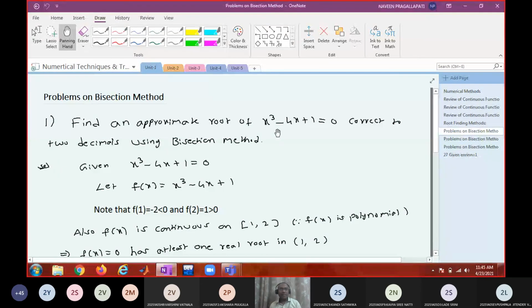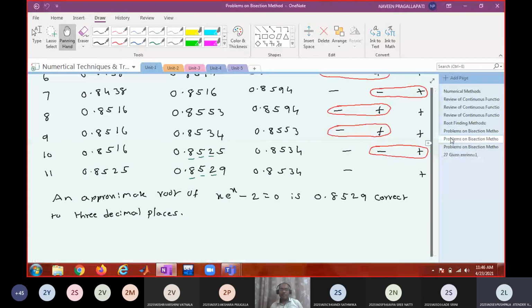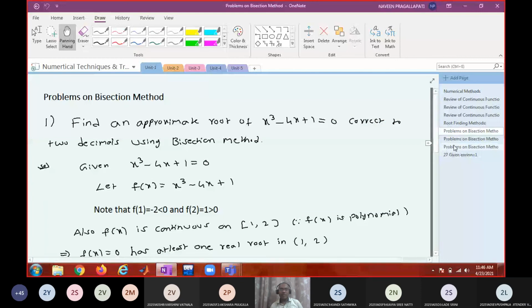Find an approximate root of x cube minus 4x plus 1 equal to 0, corrected to 2 decimals using bisection method. Did you copy? Okay. Next one.